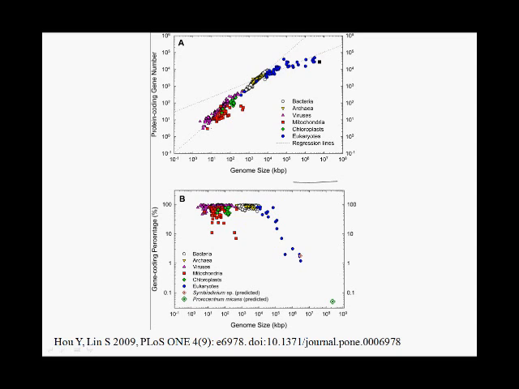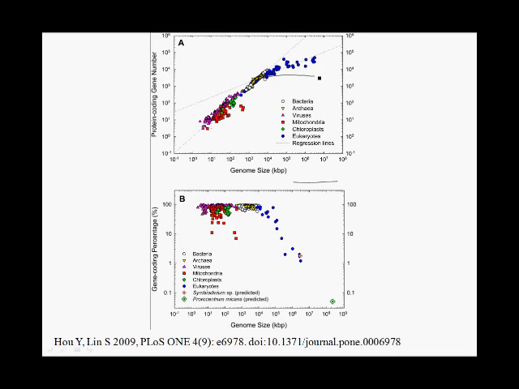And what we see is that here we have bacteria in the white circles, and this is what I mean. The largest bacterial genomes are actually a little larger than the smallest eukaryotic genomes. But these really small eukaryotic genomes tend to be obligate intracellular parasites that have reduced genomes and have lost a considerable percentage of their genome.